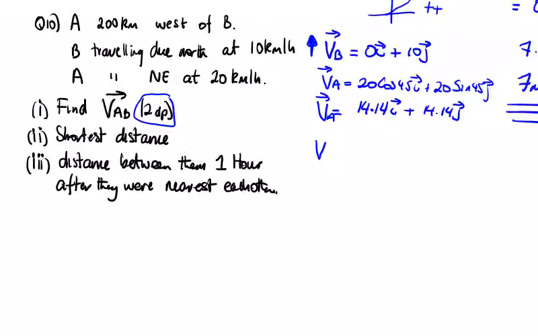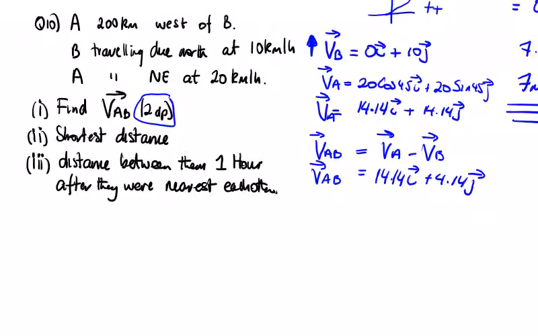So the velocity of A relative to B is equal to the velocity of A minus the velocity of B, which I can do in one step because we have zeros in here. It's going to be 14.14 minus 0, so 14.14 in the i direction, and then 14.14 minus 10, so plus 4.14 in the j direction.